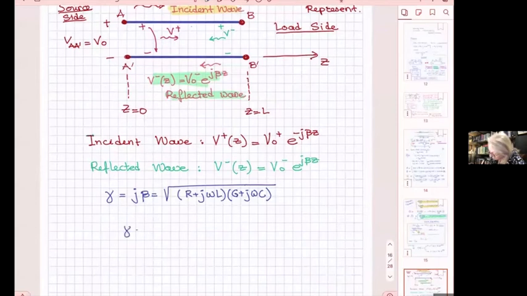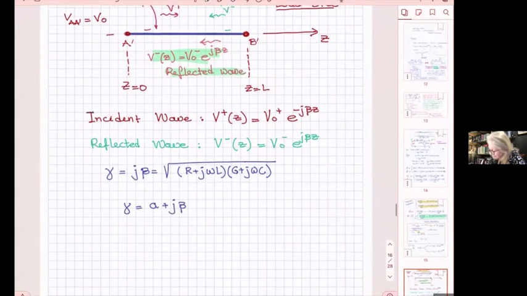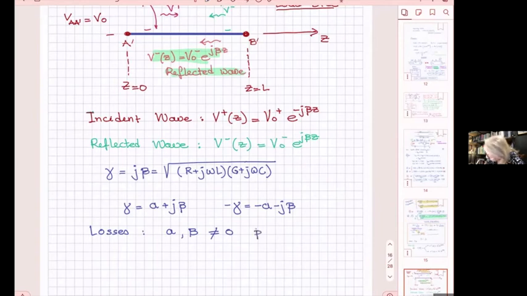Gamma is equal to alpha plus J beta, and also minus gamma, therefore it's going to be minus alpha minus J beta, where in the general case of losses, alpha and beta are different than 0, and they are positive, real numbers.